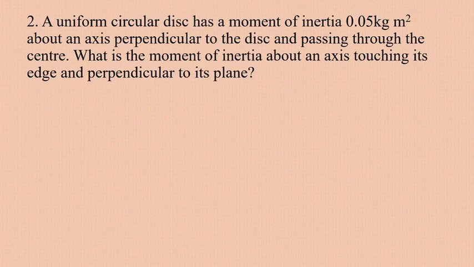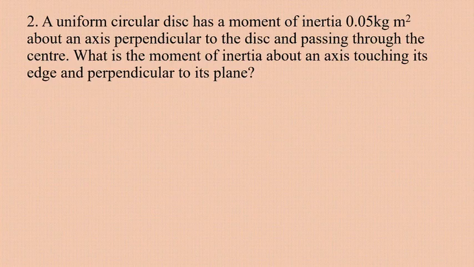May I repeat? A uniform circular disc has a moment of inertia 0.05 kilogram meter square about an axis perpendicular to the disc and passing through the center. What is the moment of inertia about an axis touching its edge and perpendicular to its plane?